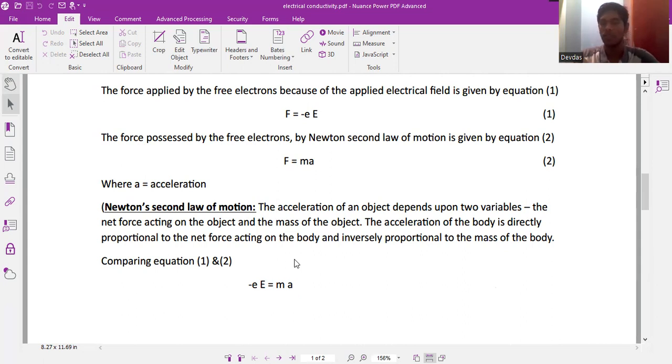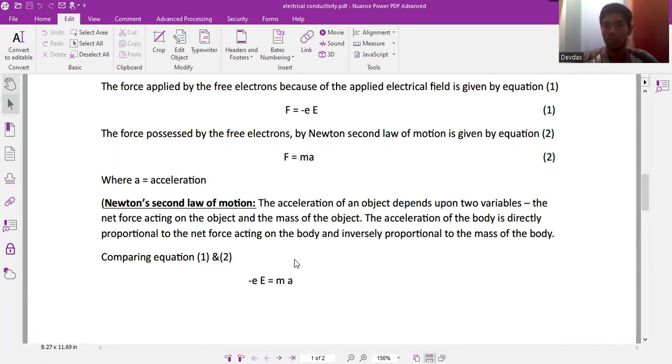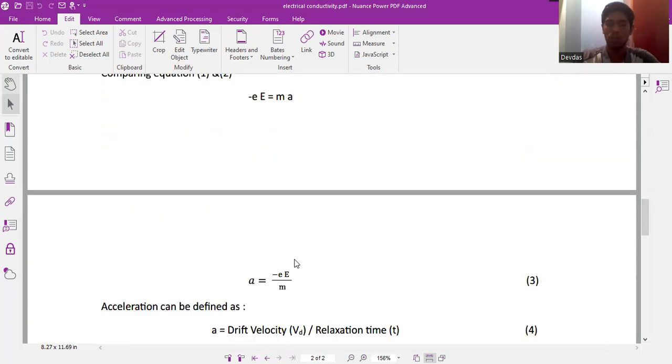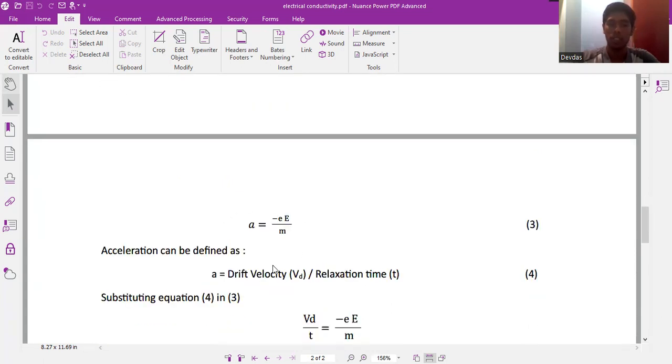Taking the first equation and second equation, we get minus e into electric field E is equal to mass into acceleration. So from this we get acceleration as minus e into E by m.